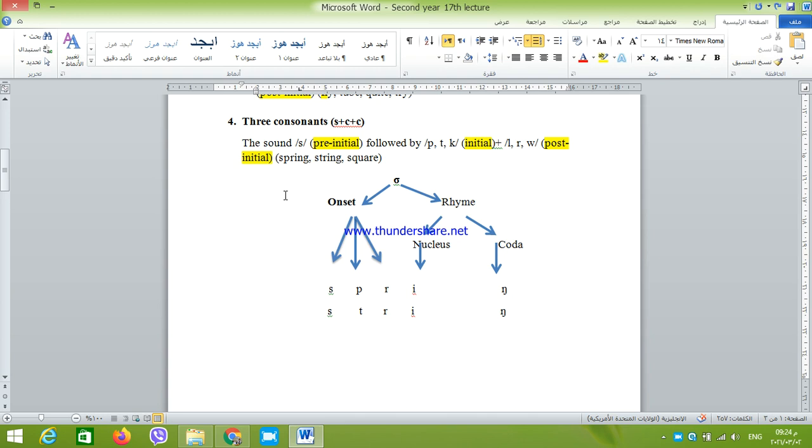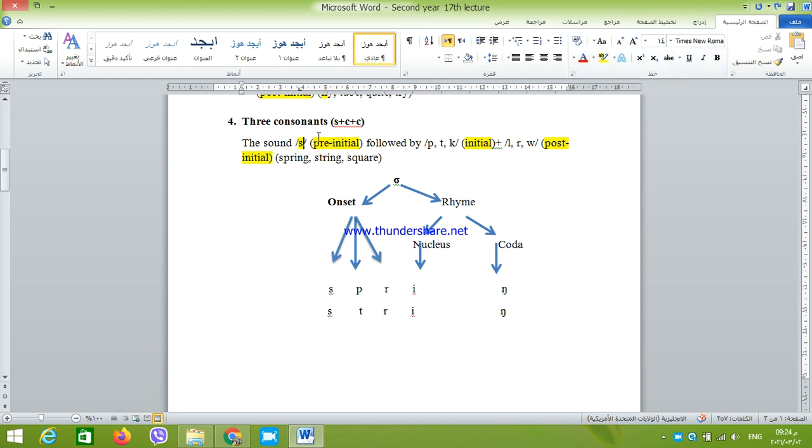Okay? Do we have 3 consonants under the onset position in English? Yes, we have, but there is a condition. The first one of the 3 consonants under the onset is what? Is the sound s. Okay?